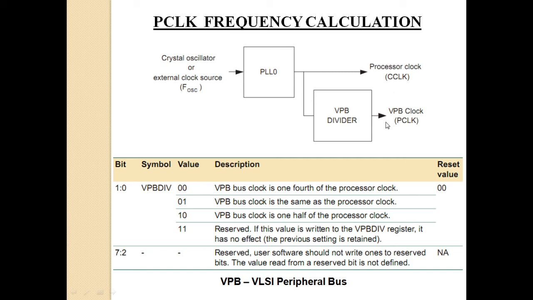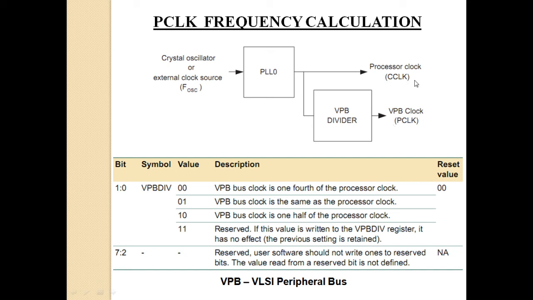Similarly, if you write bit number 1 as 1 and bit number 0 as 0, that is 1 0, you are configuring the VPB bus clock as 1/2. Your peripheral clock will be half of CCLK, so CCLK is 60 megahertz and PCLK will be 30 megahertz.